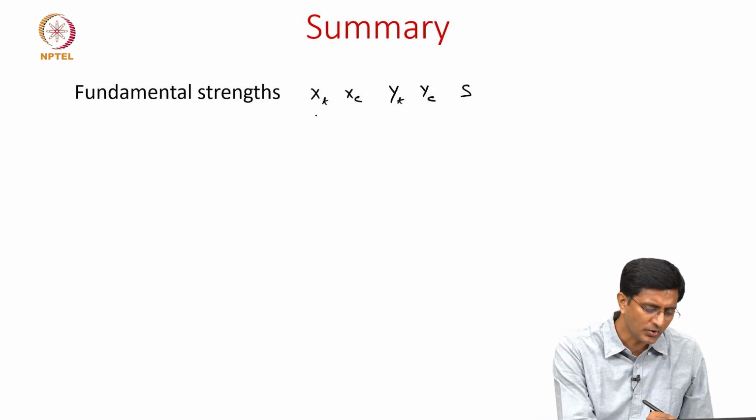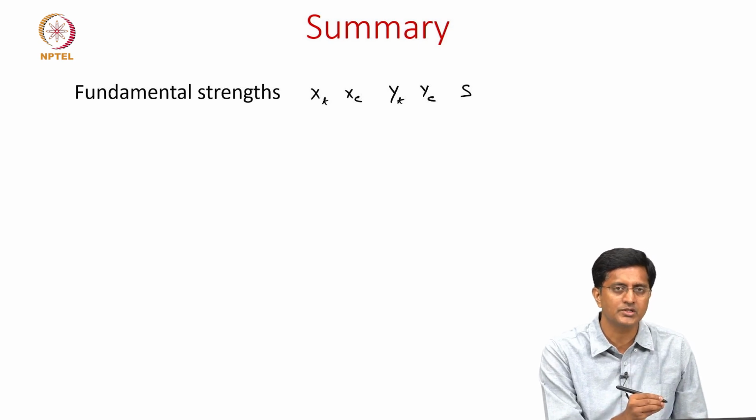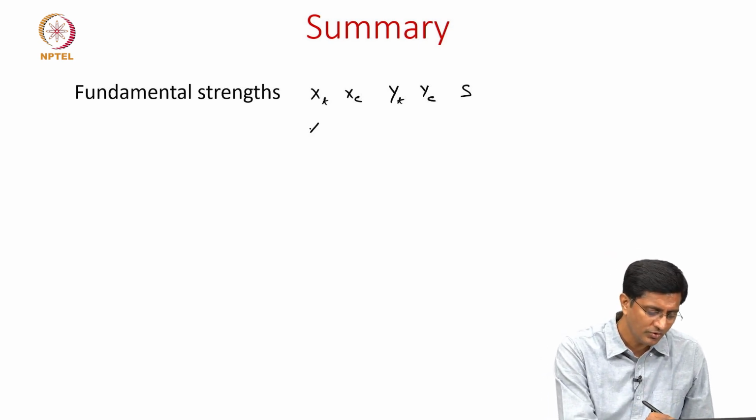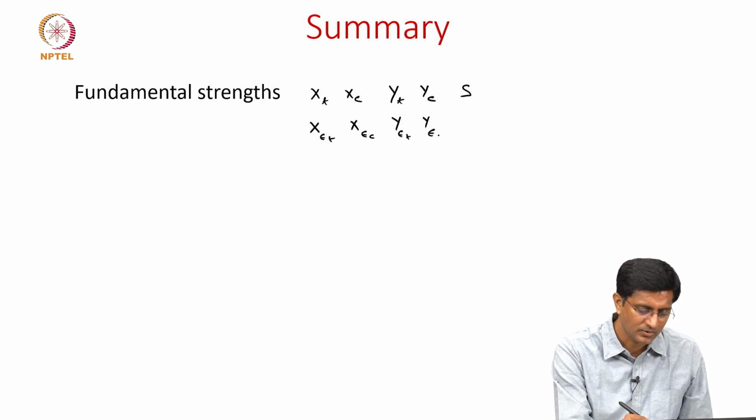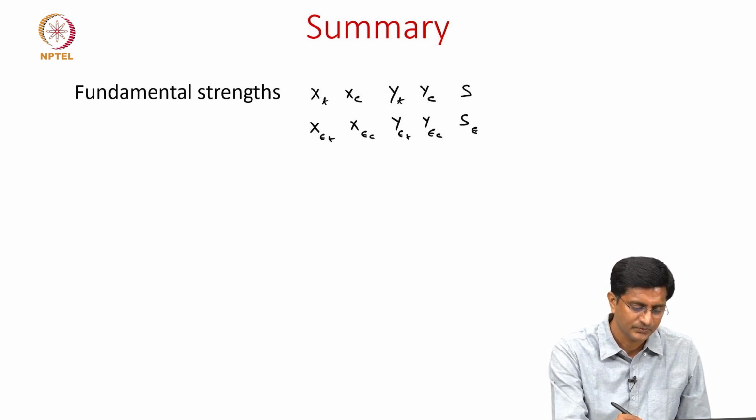And corresponding to each of these strengths, we said there is a corresponding strain of failure, which we represented as x epsilon t, x epsilon c, y epsilon t, y epsilon c, and s epsilon.